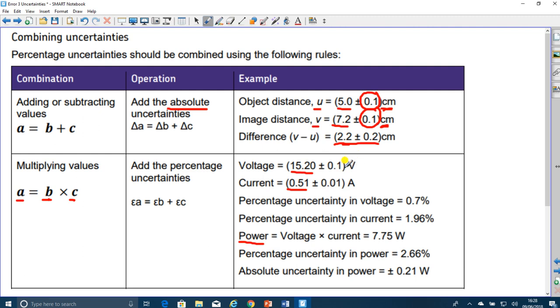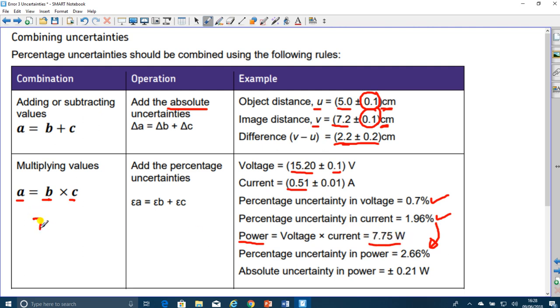So we would say 0.1 divided by 15.2 times 100 gives us 0.7%. In the current, 0.01 divided by 0.51 gives us an uncertainty of 1.96%. Now we've got them in percentage terms, so we can add them together to give an uncertainty of 2.66%. The value of the power is simply 15.2 times 0.51, which gives us 7.75 watts.